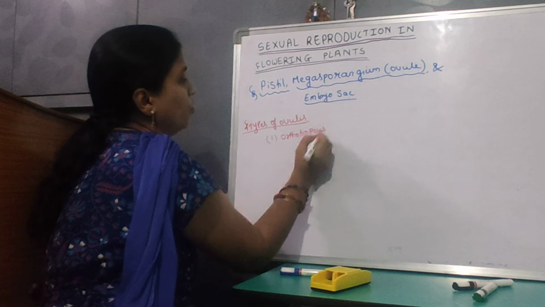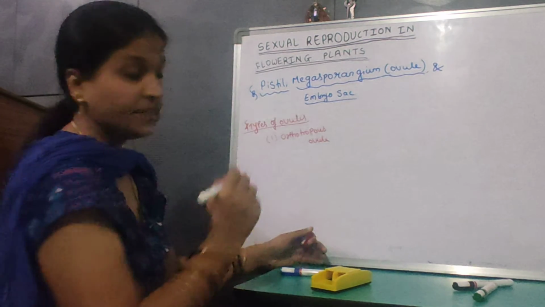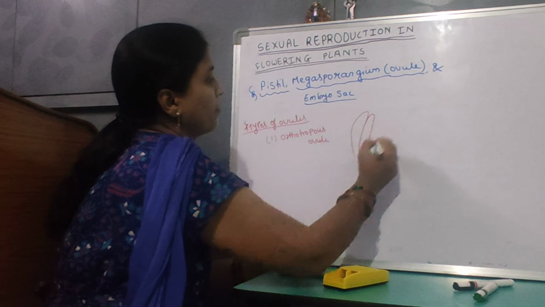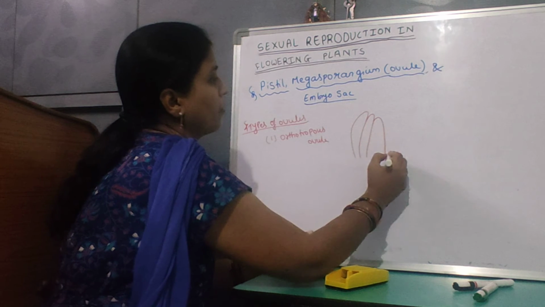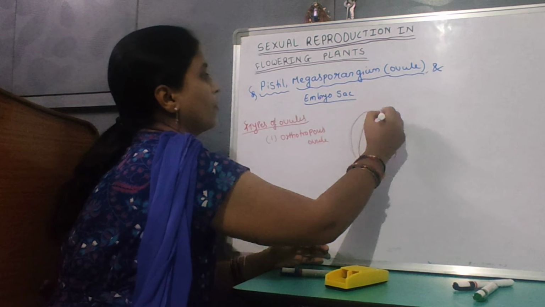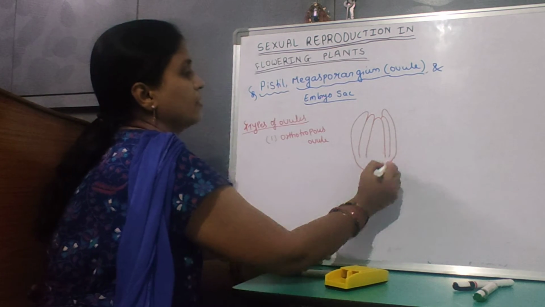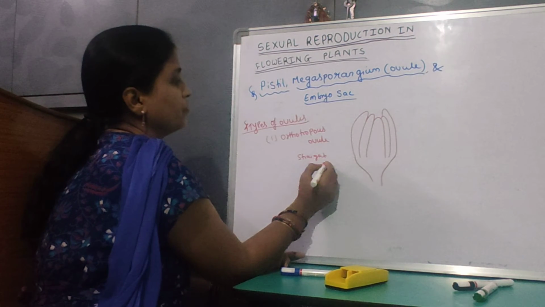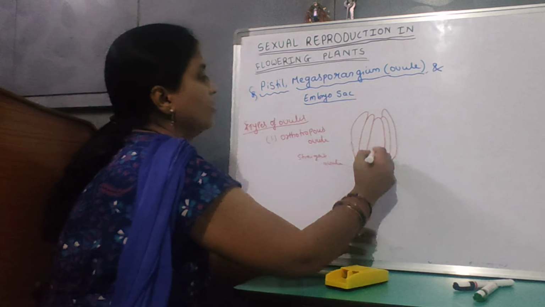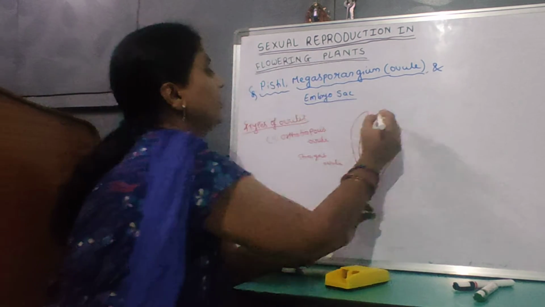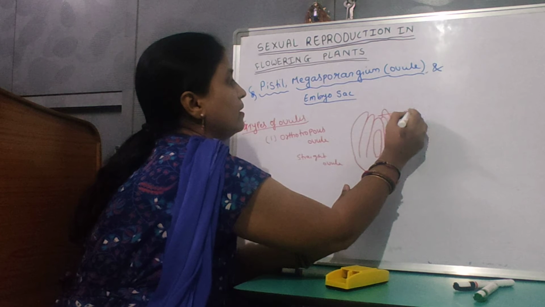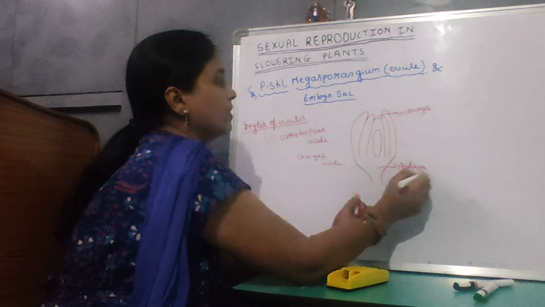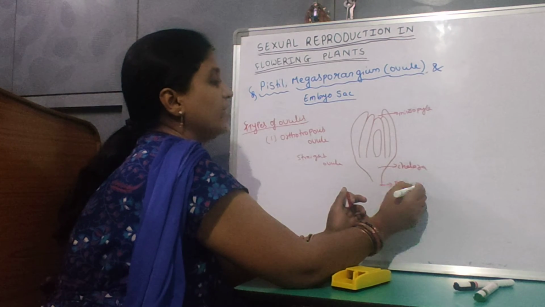orthotropous ovule, which means the ovule is a straight ovule, where the micropyle, chalaza and the funicle are in a straight line.